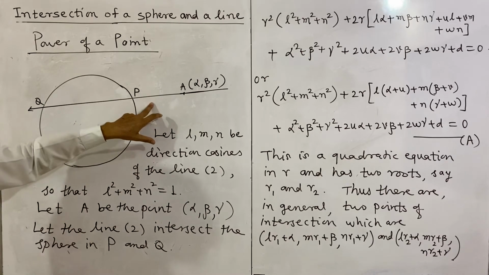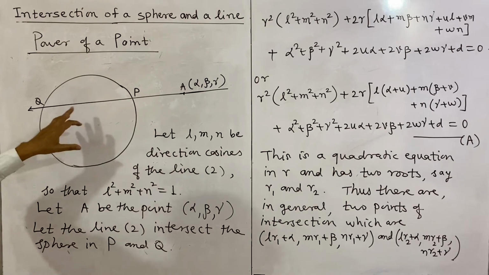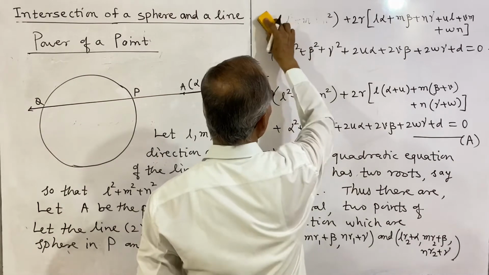AP will be r1 and AQ will be r2, that is the distances.